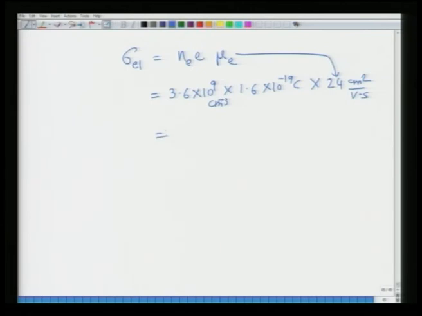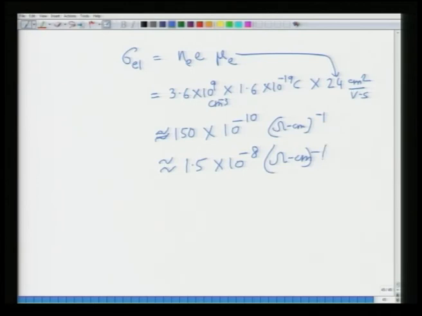If you now calculate this, I am just doing the mental maths, it will be approximately 150 multiplied by 10 to the power minus 10, so approximately 1.5 into 10 to the power minus 8 ohm centimeter inverse.